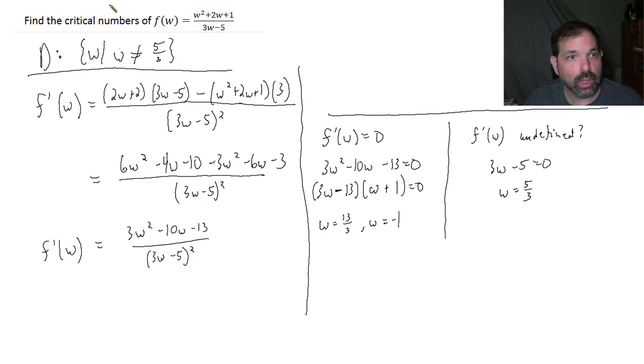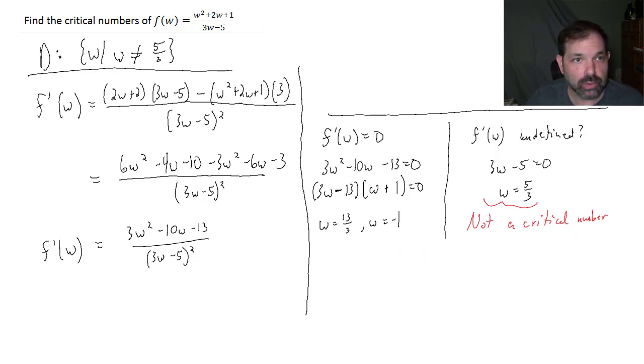However, as we recall, w equals 5/3 is not in the domain of the function. So w equals 5/3 is not a critical number. It is not in the domain of the function. So 5/3 is not critical.